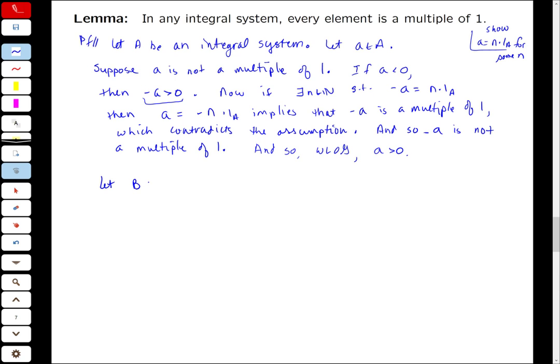Let B be equal to the set of all a in A plus such that a is not a multiple of 1. Then I know that B is a subset of A plus, since A is an ordered integral system.